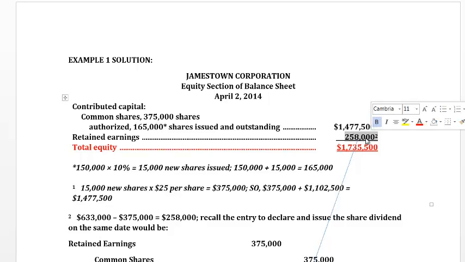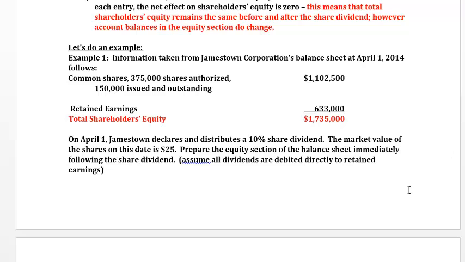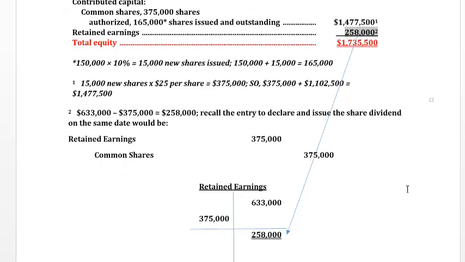Now, what would happen to retained earnings? You can see that we have a different balance in retained earnings here than we had initially in our question. Why is that? Well, it would be a good idea to recall the entry that we would make when we declare and issue the share dividend on the same date. We would debit retained earnings, and again, they did tell us to debit the share dividend directly to retained earnings, and we would credit common shares because the share dividend is declared and issued on the same date according to this question.